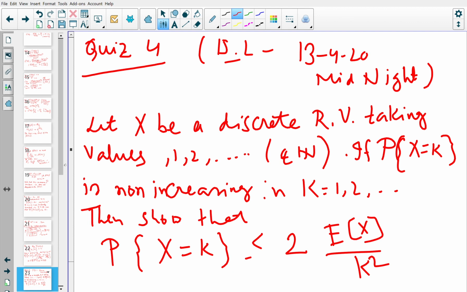That means, so let me write down, the probability X equal to 1 is, non-increasing, so either decreasing or the same, right?